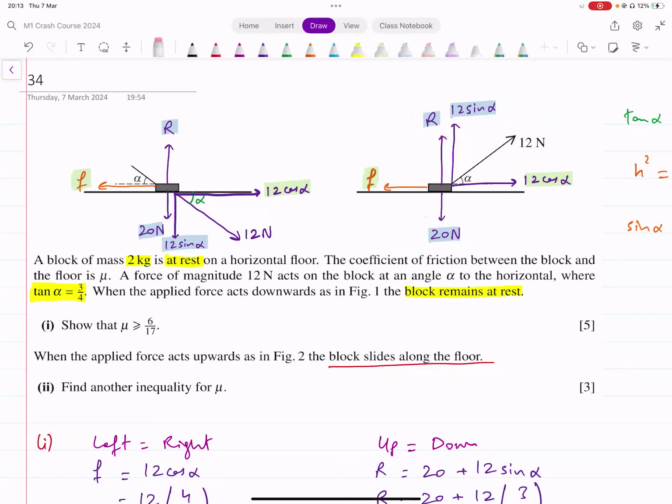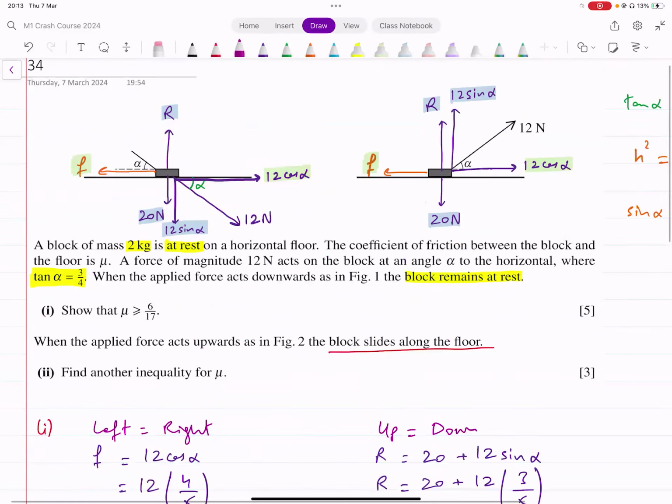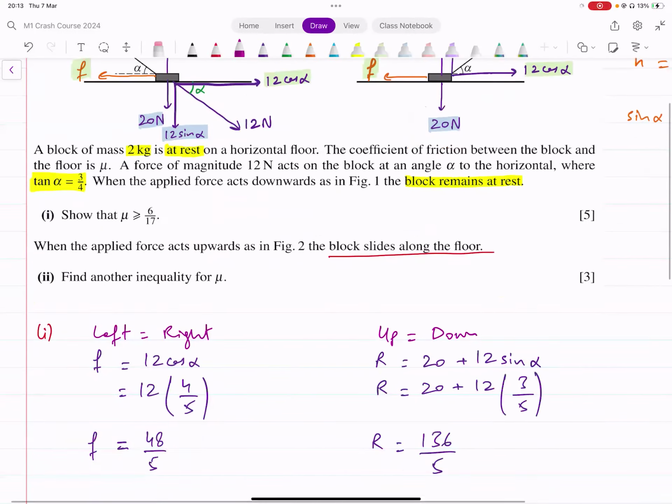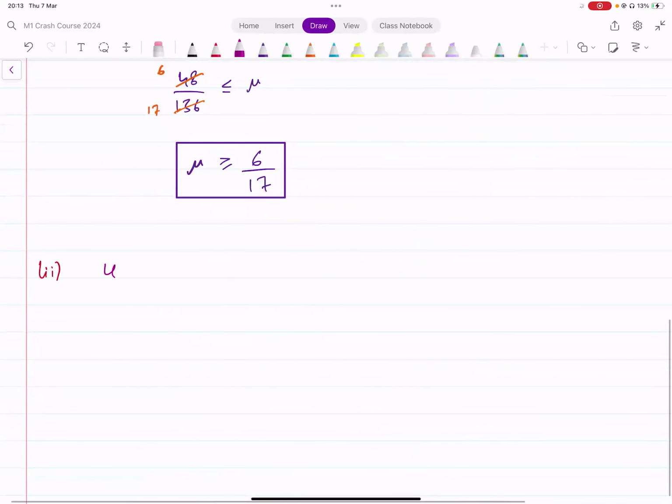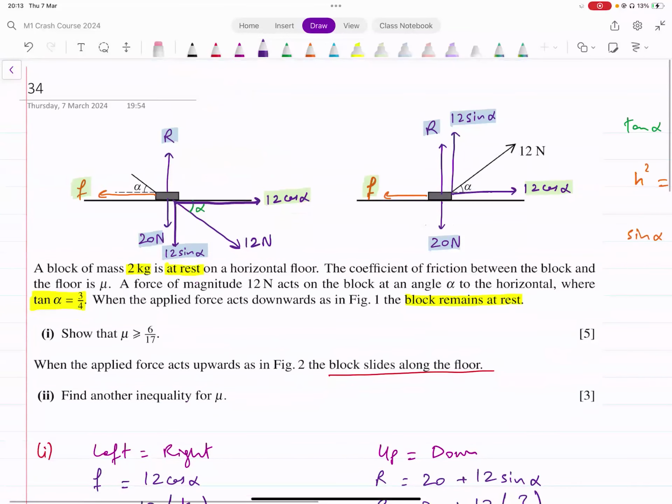So upward force is going to be equal to the downward force still. That is still going to hold. Now let me write that down here. So this is the diagram that we have, the second one. We're saying the upwards force is still going to be equal to the downward force. What does that give us? That gives us r plus 12 sine alpha.